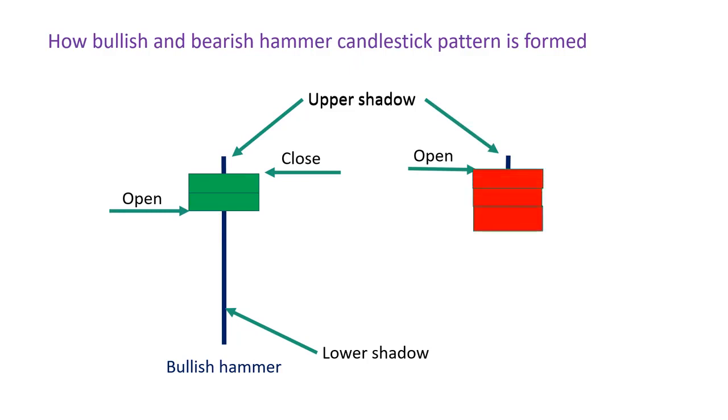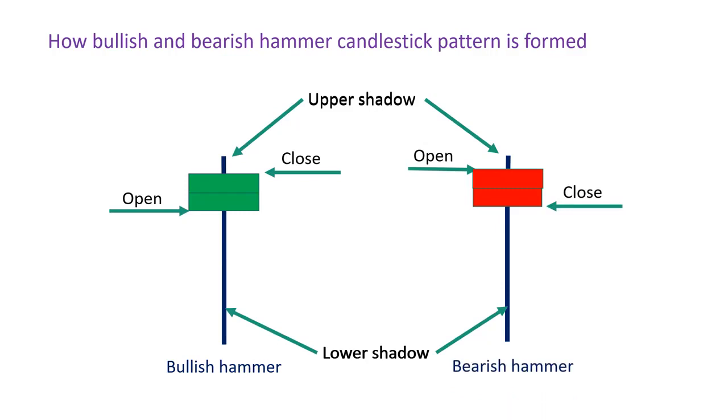The sellers push the price lower and lower, all the way down here, and again the buyers don't want this lower price and push the price higher, all the way up to here, leaving a lower shadow, and the price closes at this point.